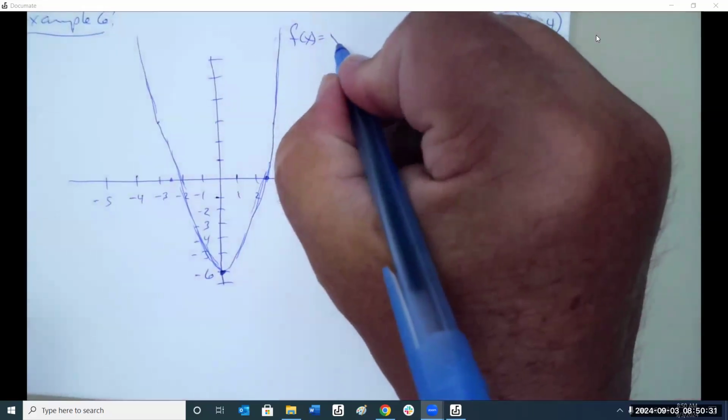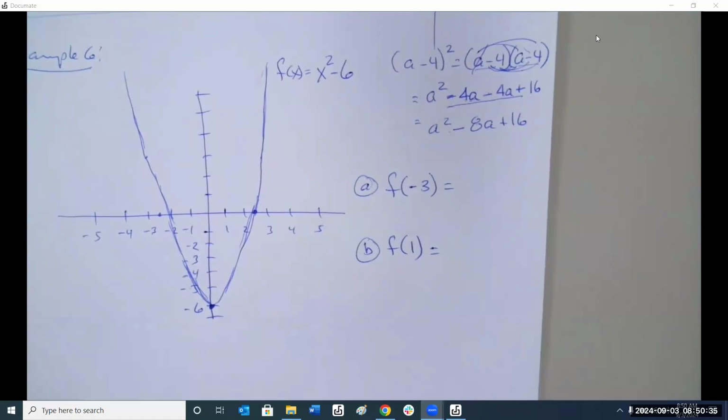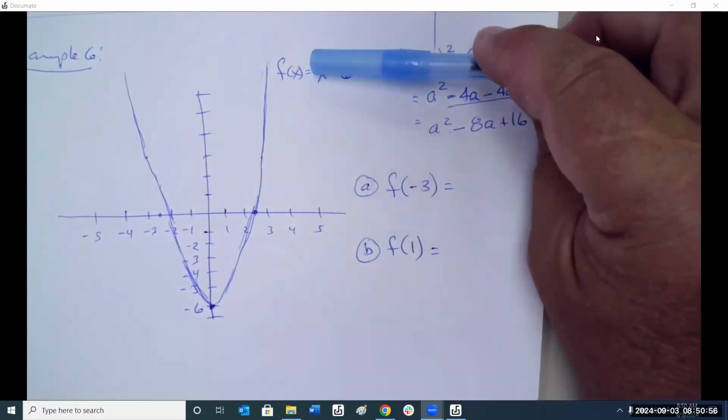I even give you the function. x squared minus 6. Without calculating, without using any addition and subtraction, only using the graph, tell me the answers here. That's why I shouldn't have given you the equation.